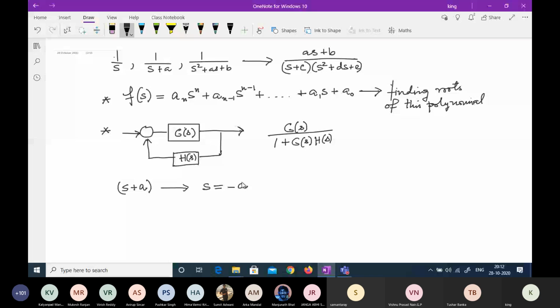You can also have factors of the form S square plus AS plus B.